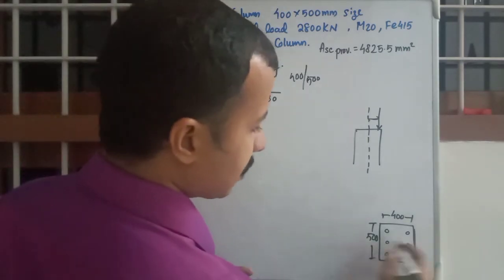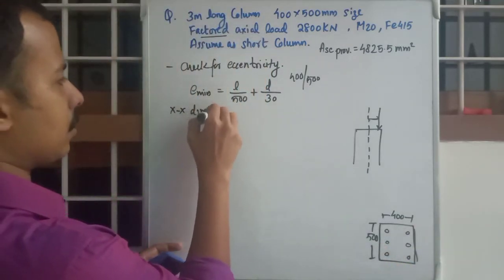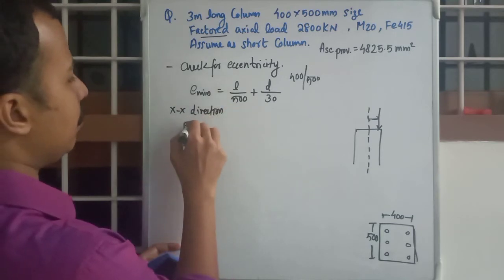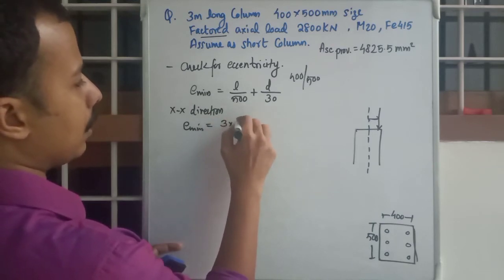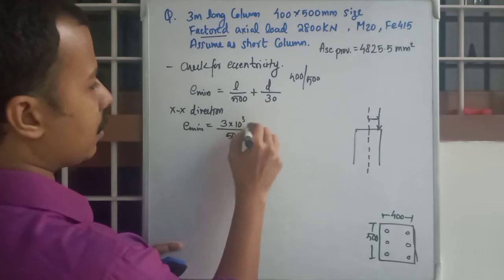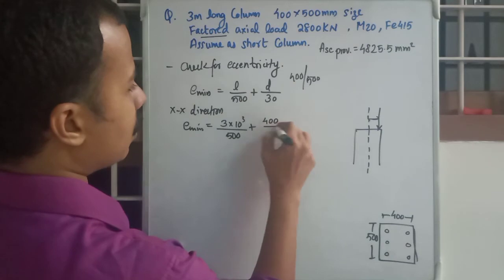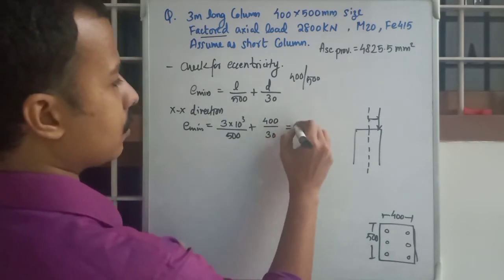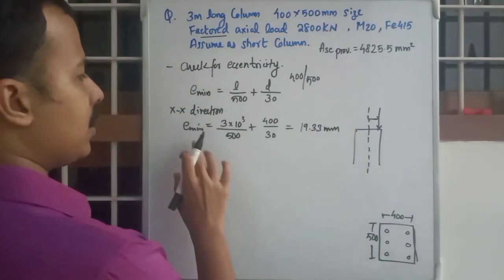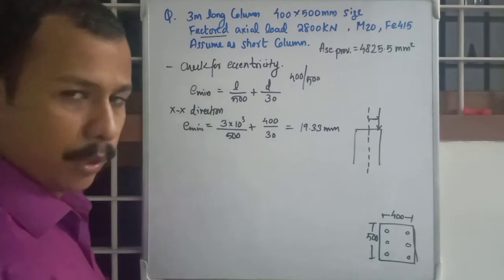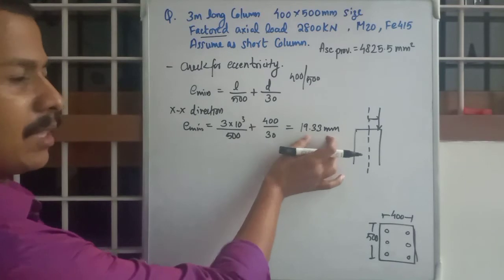If this is the XX direction, E minimum is equal to 3 into 10 raised to 3 by 500 plus D, which is 400, by 30, that is 19.33 mm. So this is the minimum eccentricity required. What will we be comparing with this value?